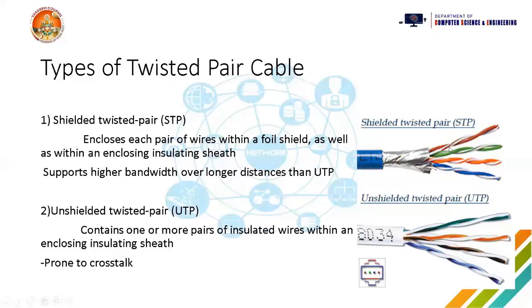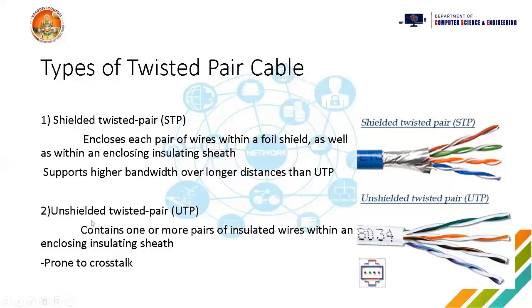In this image you can see wires twisted on each other: a total of 4 pairs, that is 8 individual wires, twisted upon each other to reduce crosstalk and disturbance. This is the shield we are talking about, a silver foil over the wires to provide safety and security, and over that we have the outer jacket.